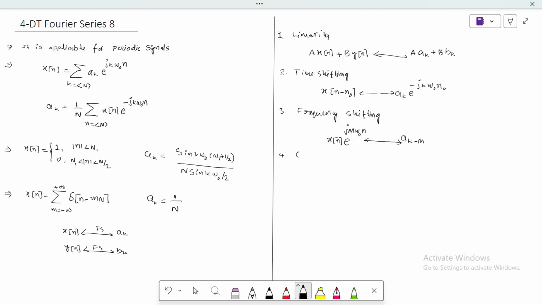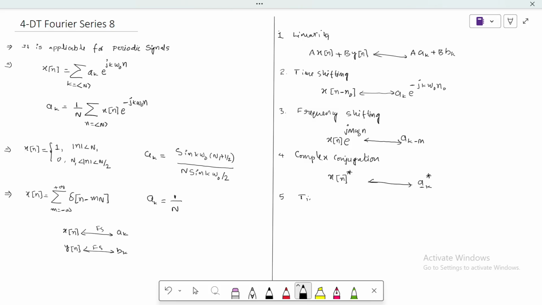Fourth one, complex conjugation. For the complex conjugation of x of n, which is a complex signal, the coefficient equals a minus k complex conjugate.